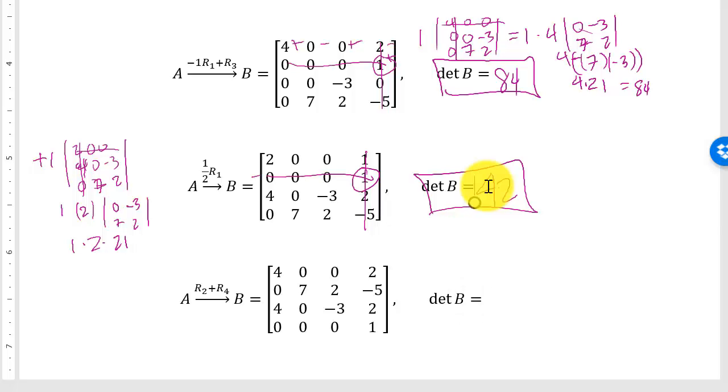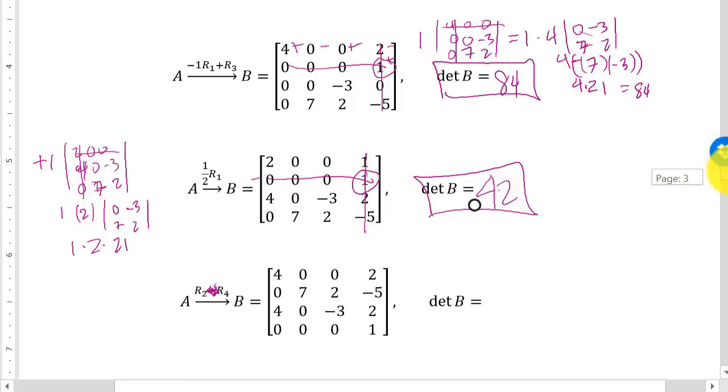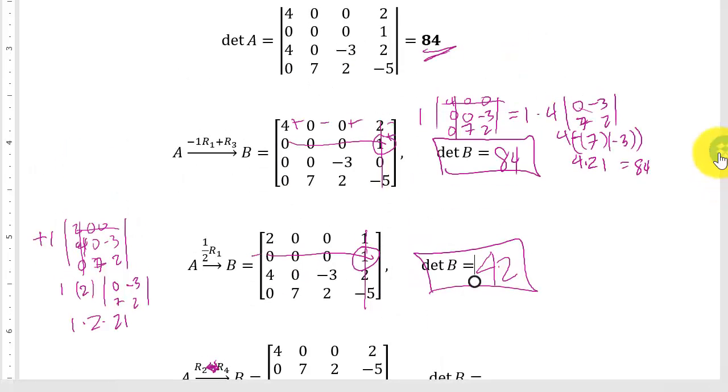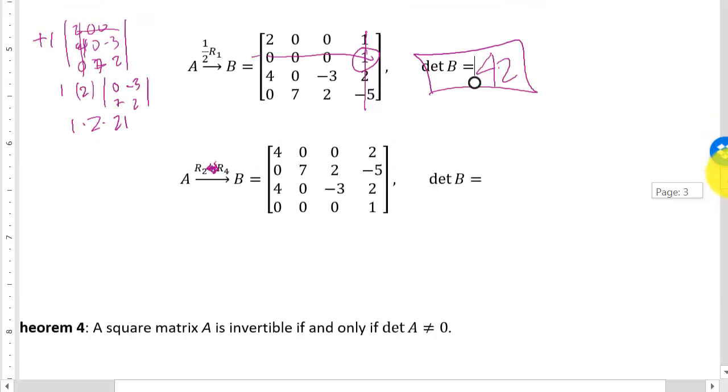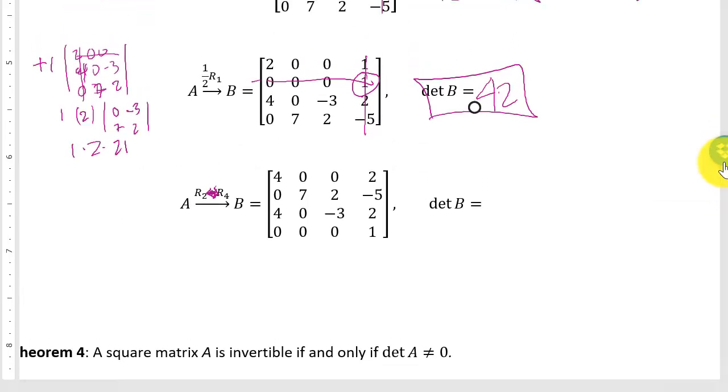All right, our last example, this is actually a row switch, not a plus, is taking our original matrix A, and we're going to switch the second and fourth rows.